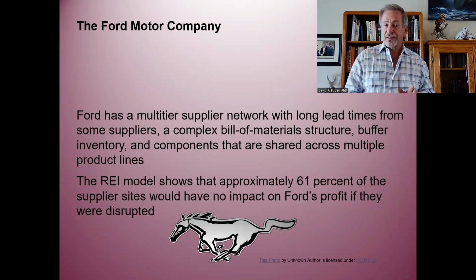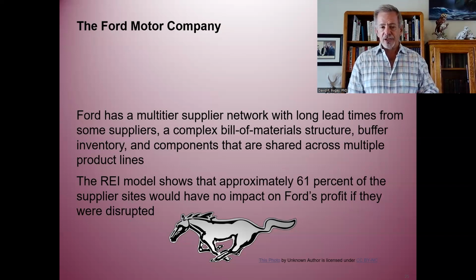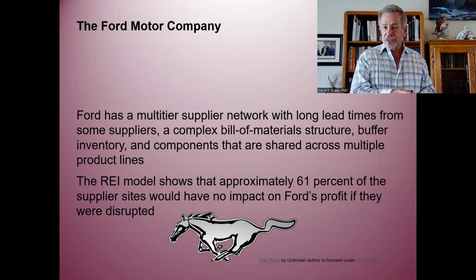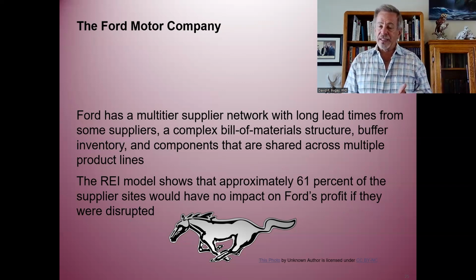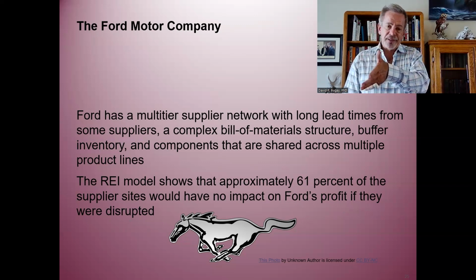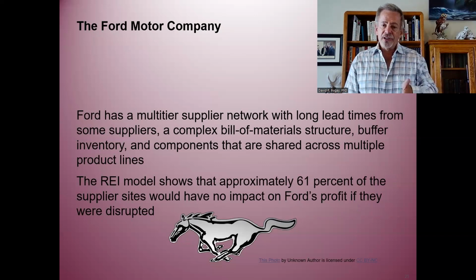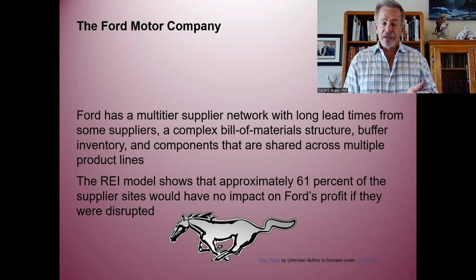So Ford has a multi-tier supplier network with long lead times for some suppliers, and they really have a complex bill of material structure. They have different buffer inventories or safety stock at different locations. So by the time it was all done, the REI model shows about 61% of supplier sites would have no impact on Ford's profit if they were disrupted.